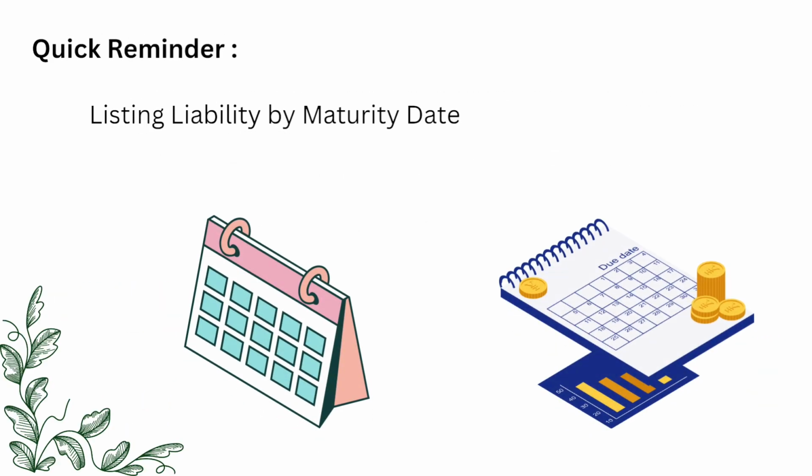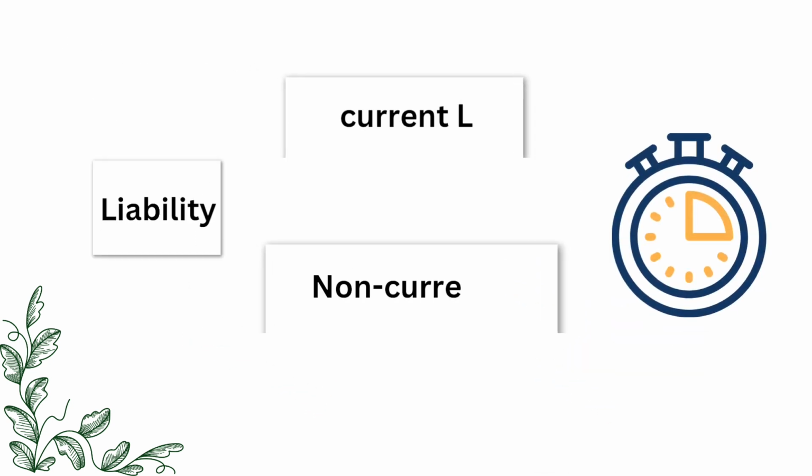Quick reminder here: like asset, the listing rule includes liability too, but unlike asset, liability components are recorded and listed by maturity. The one with closer maturity, we write down on top of the list, and the one with longer maturity at the bottom of the list. Liability is divided into two categories.